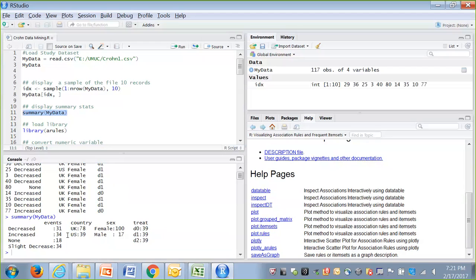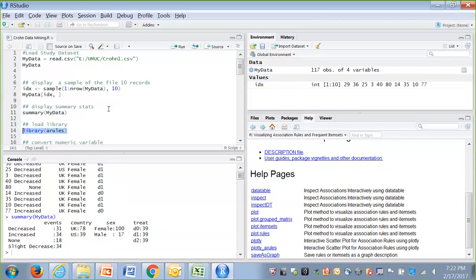That gives us an understanding that we have 117 patients. We know we have 3 different treatments: one is a placebo and two are drugs. Now we can start using association rules to figure out which one is actually the placebo.